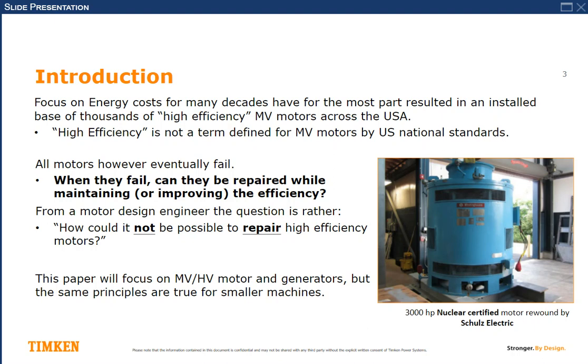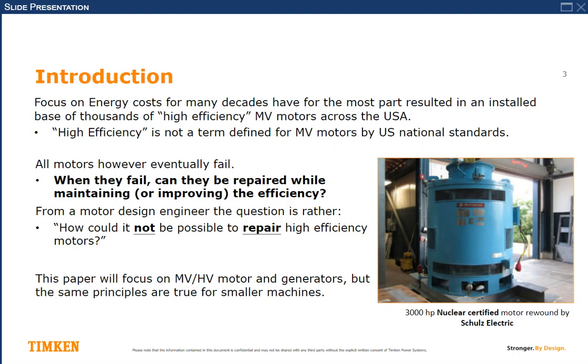base of thousands and thousands of high-efficiency medium voltage motors across the United States, as well as the rest of the world, although high-efficiency motors are not defined for medium voltage motors. As we know, for low-voltage motors, IEEE, IEC, and NEMA have standards that define IE1 and IE2, 3, 4, different standards for high-efficiency motors.